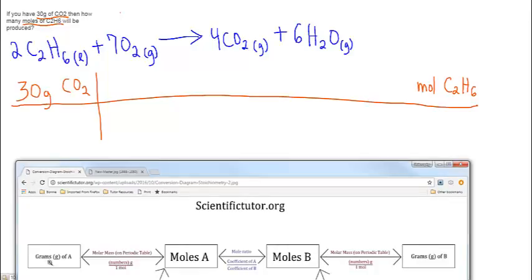Right here, the grams of A is representing the grams of CO2. And the moles of C2H6 is the moles of B. Let's write out our diagram, just the part we looked at.